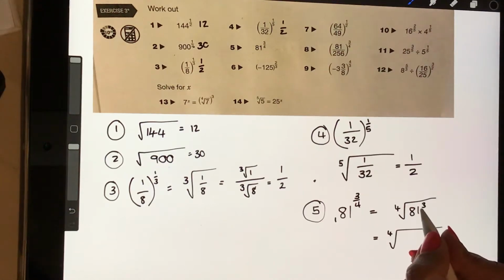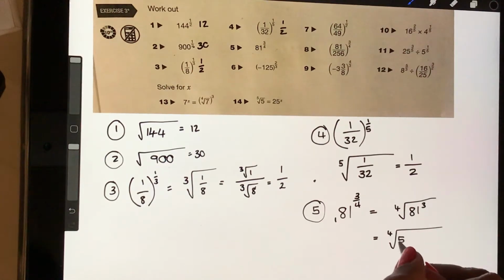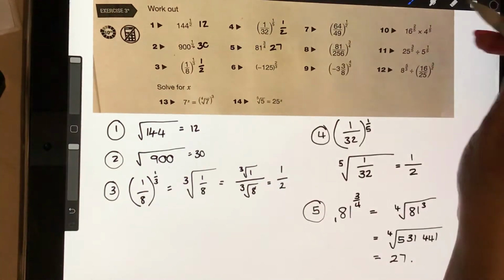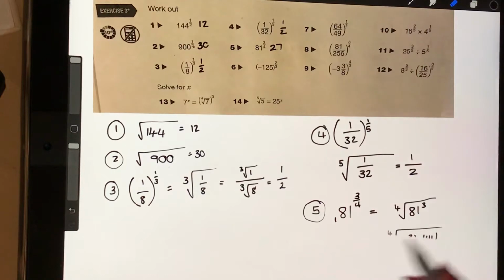And 81 times 81 times 81 will give you 531,441. And if you take the fourth root of that on your calculator, you're going to get 27. So your answer there will be 27.